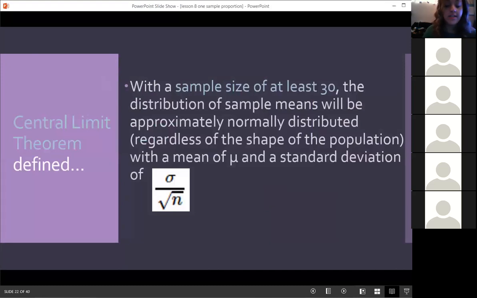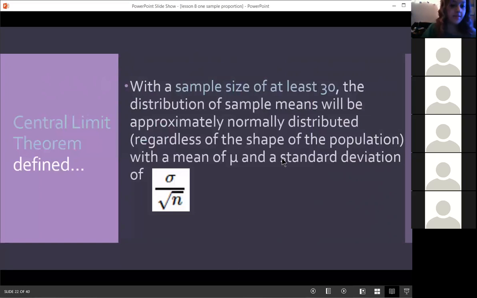And regardless of the shape of the population, you can have a skewed population, and as long as you have a sample size of at least 30, you're able to go ahead and use that to infer about your population.